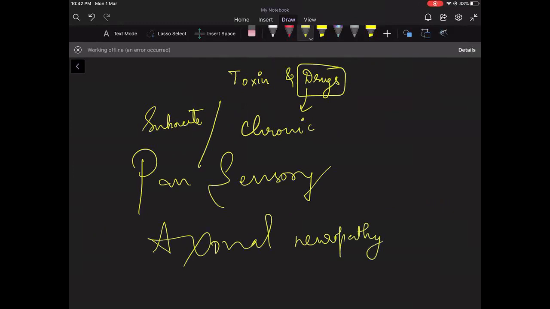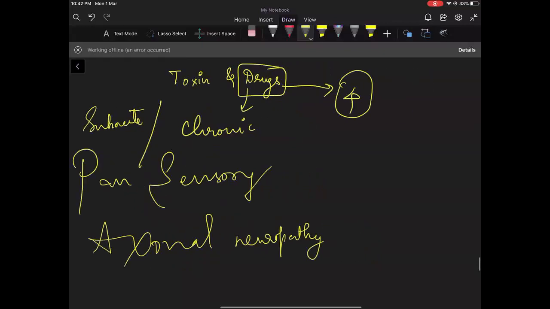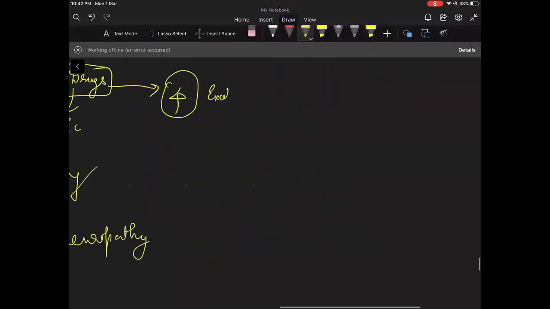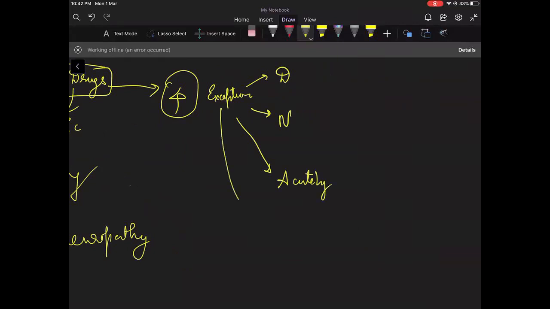Only there are 4 exceptions, where the patient can present very acutely, and the patient can predominantly have motor symptoms, not sensory.